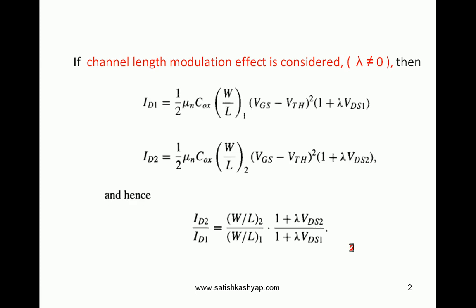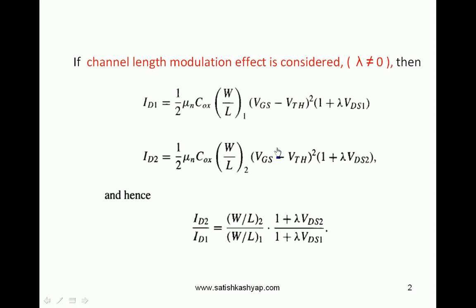So these are the resulting equations for ID1 and ID2. ID1 is I reference, ID2 is I out. So 1 by 2 mu n COX into W by L1 into (VGS minus VT) whole square into (1 plus lambda VDS1), and for I out it is (1 plus lambda VDS2).